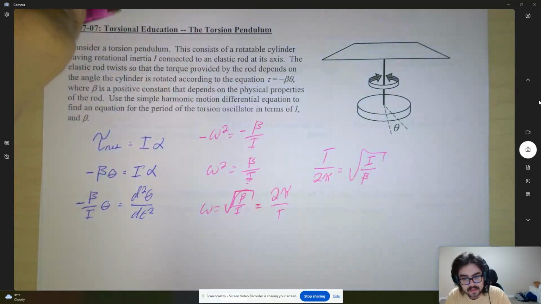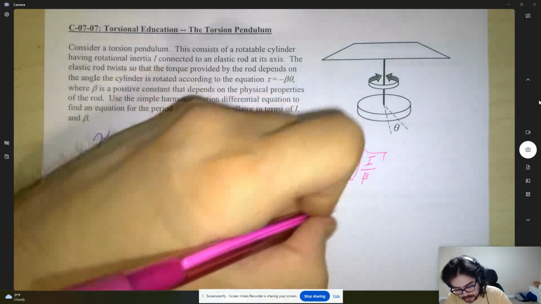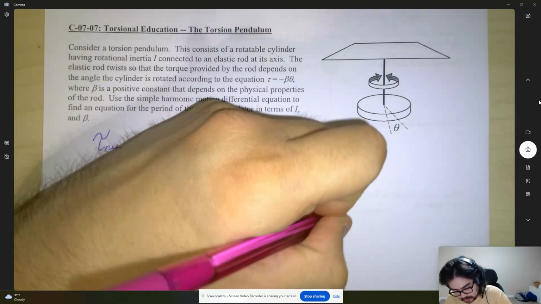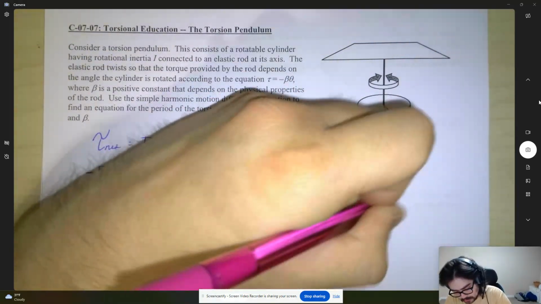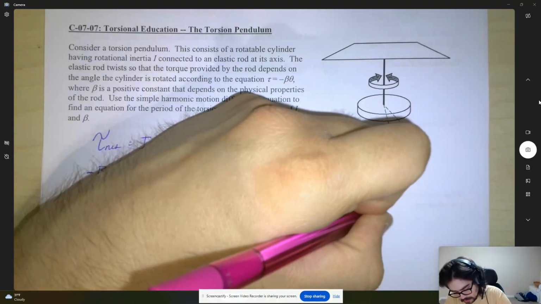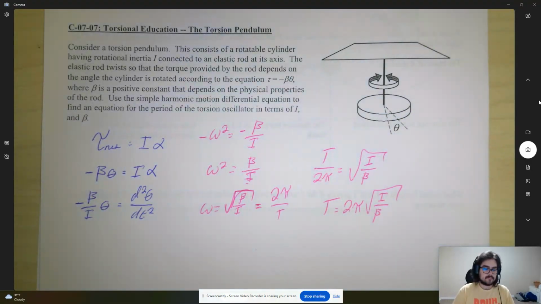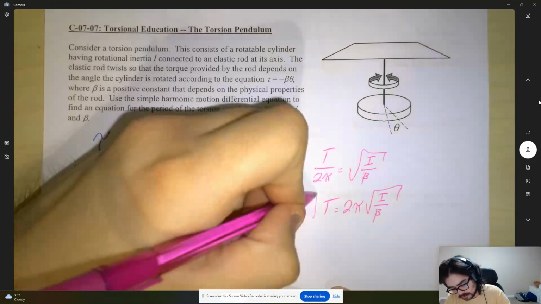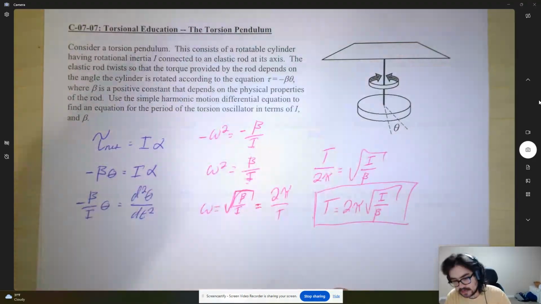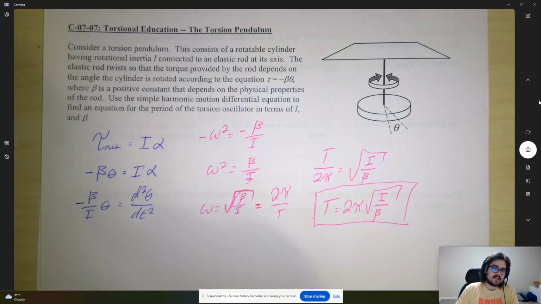Then I multiply 2 pi on both sides to get T equals 2 pi root I over beta. That's the derivation for period. That's actually all you really need to know here, how to get that period equation.